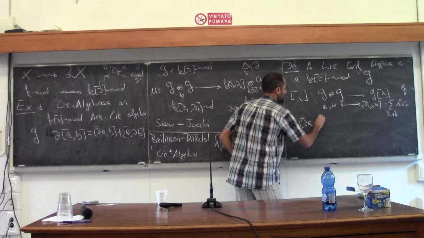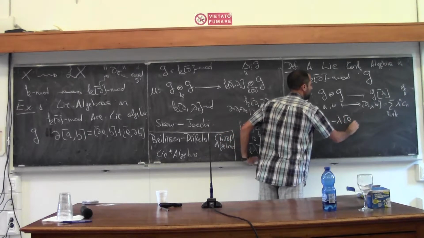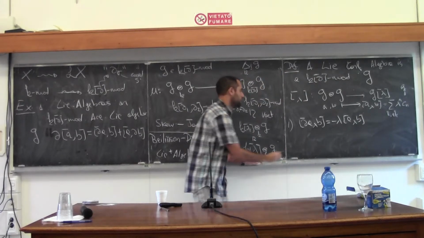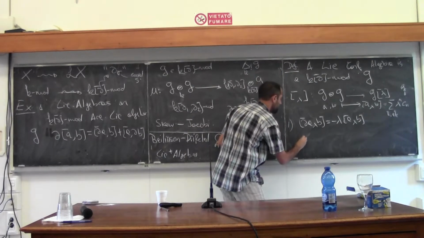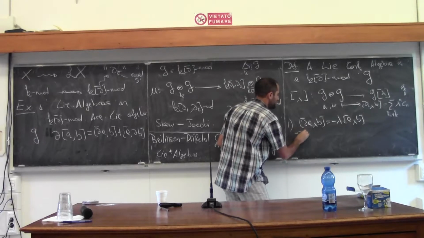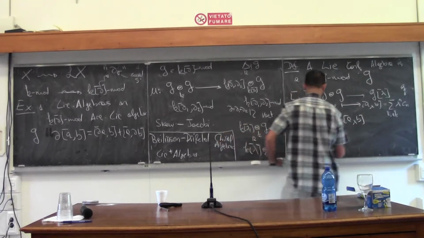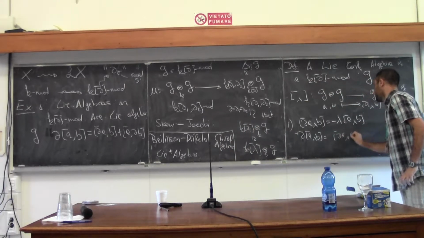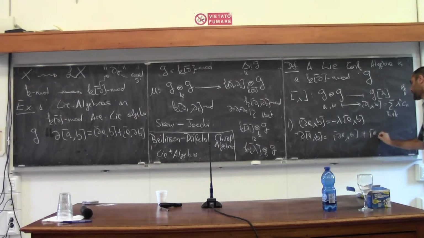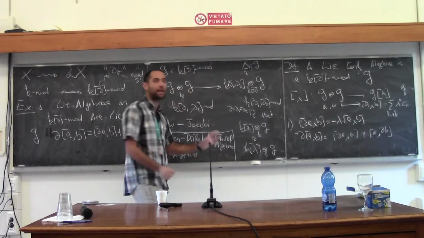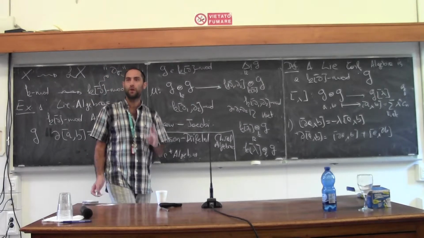Del A lambda B is minus lambda A lambda B. And del is a derivation, so del of A lambda B is simply del A lambda B plus A lambda del B. The only thing that is very unfortunate, this lambda bracket that I'm writing here is exactly what you call OPE, and it's unfortunate that it's not apparent now, but hopefully it's going to be apparent tomorrow. This lambda bracket is really exactly what you call the singular part of the operator product expansion.